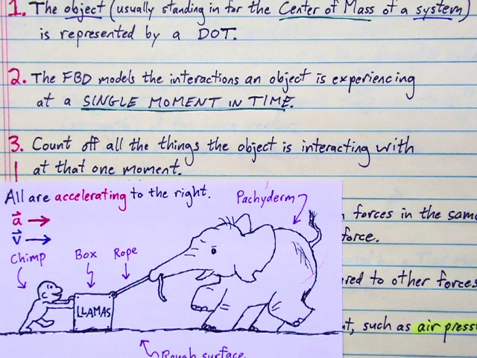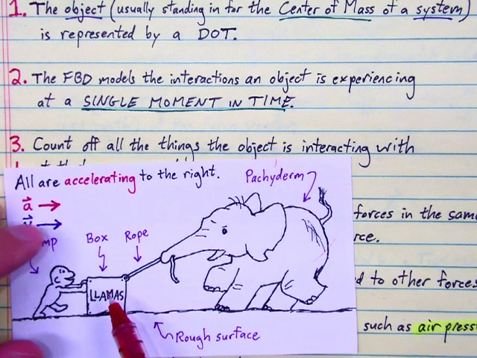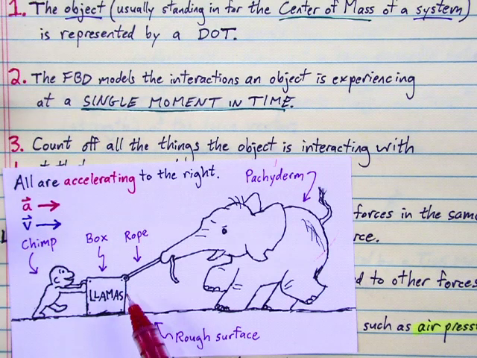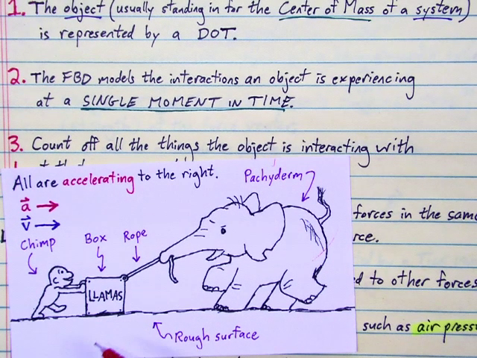An FBD commonly includes 0 to 6 significant interactions. At every moment, a macroscopic system actually experiences zillions of interactions between its atoms and the atoms in immediate contact with it, and every other atom in the universe through the long-range force of gravity, and it's impossible to keep track of every interaction.